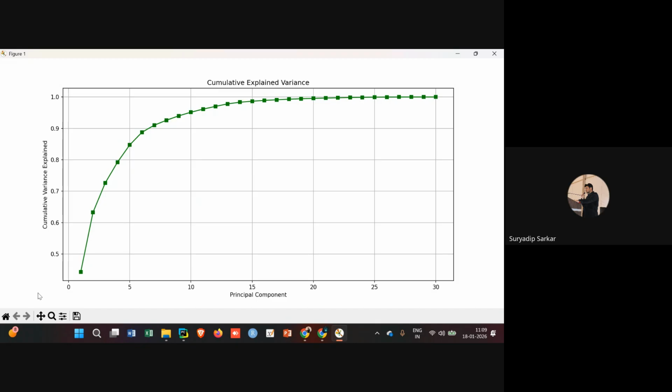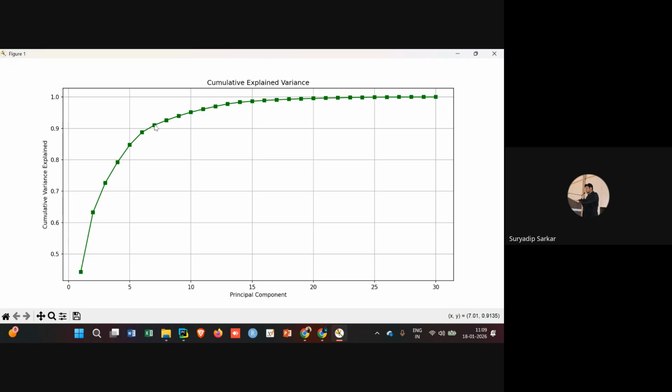So if you guys remember, the rule of thumb is to use as many PCs as it is required to get to at least around 90% explained variance, right? So if I actually see that around 90% explained variance, the next possible PC is this, which is 7. So using the first 7 principal components, I am able to explain 90% of the variance in my data.